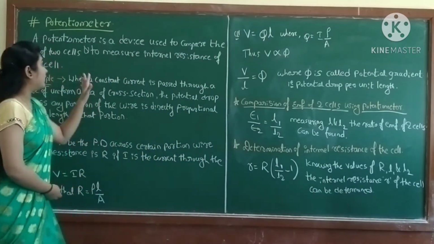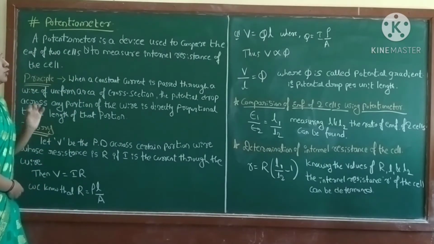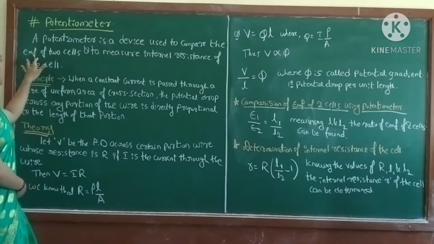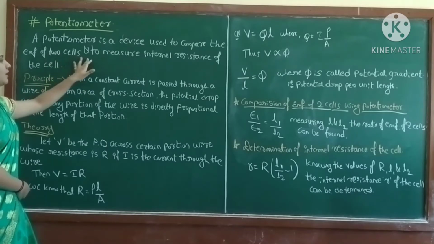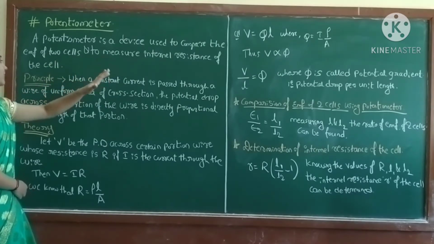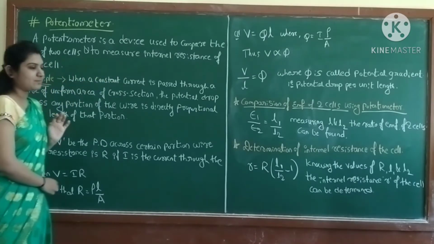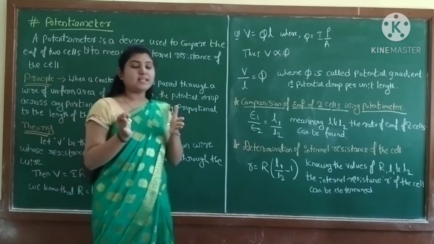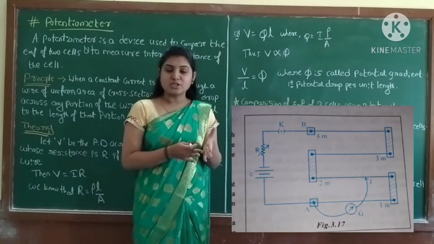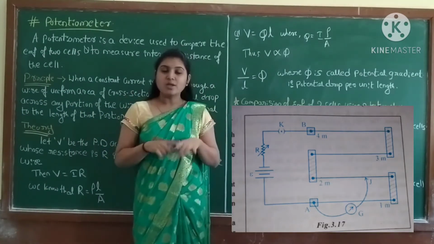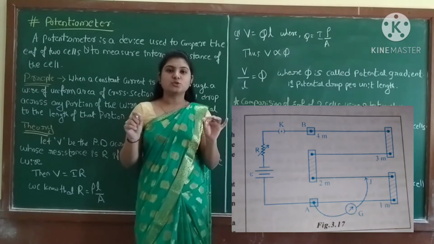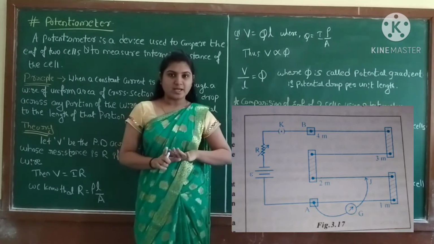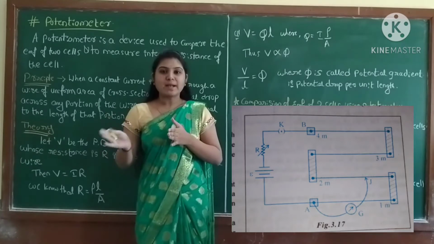See, the potentiometer is a device used to compare the EMF of two cells and to measure the internal resistance of a cell. Just as the meter bridge has one diagram, similarly it also has one diagram, correct? So that you will do in your practicals.